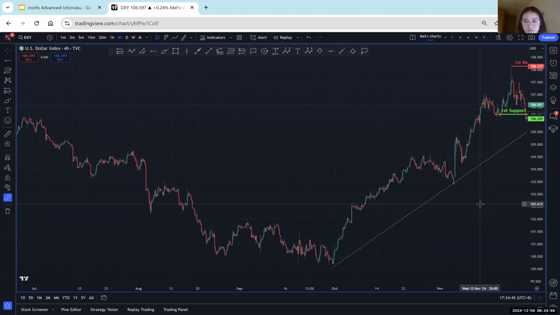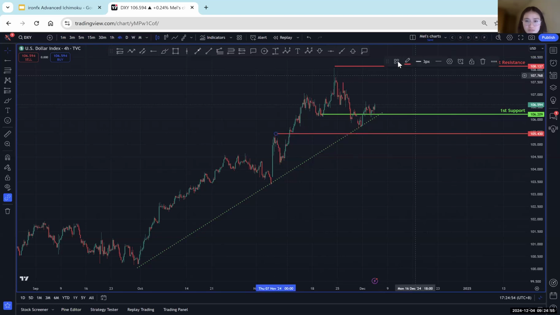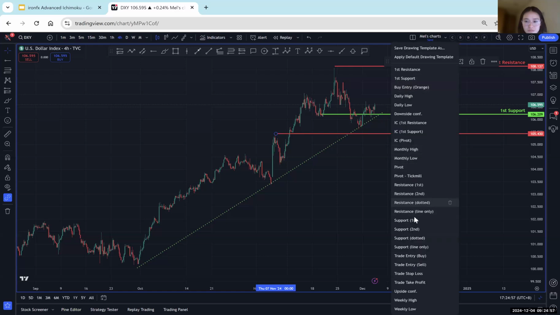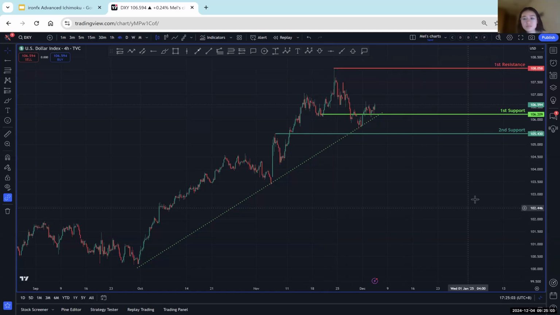Okay, and for my second support, just over here. Okay. So obviously over here we are expecting prices to continue within this ascending trend line.